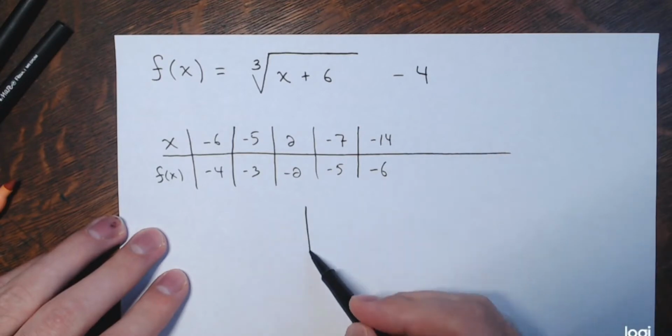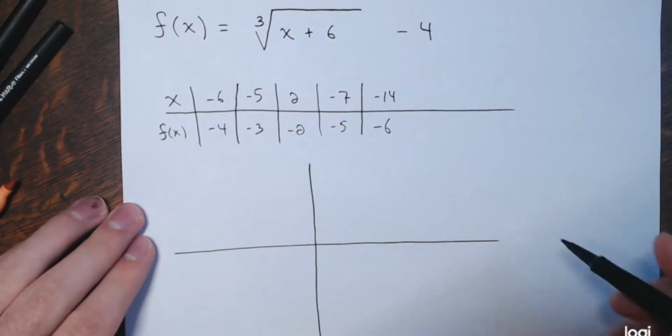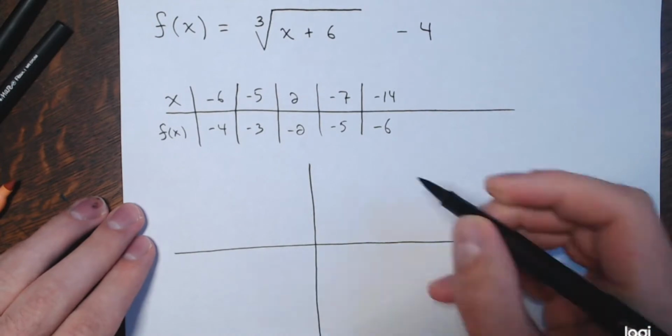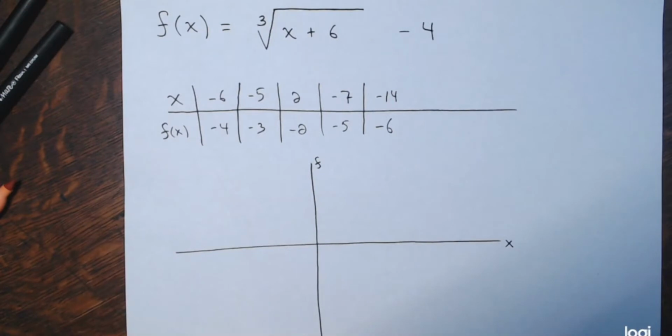Again, I can plot all sorts of points. The horizontal axis is x, the vertical axis is f, or y if you want to call it y.